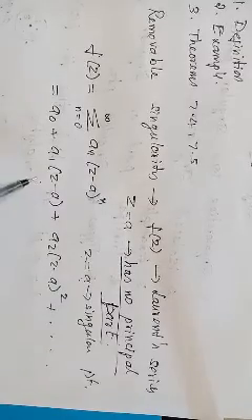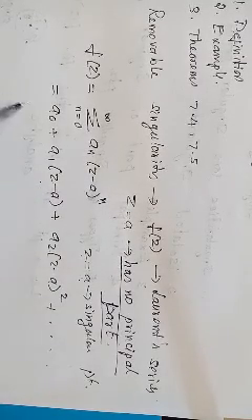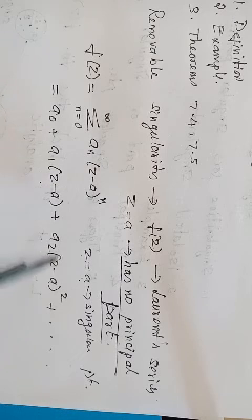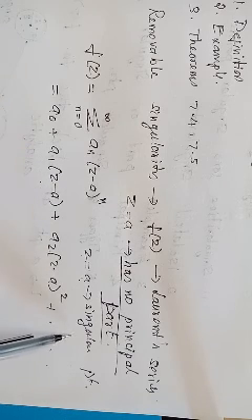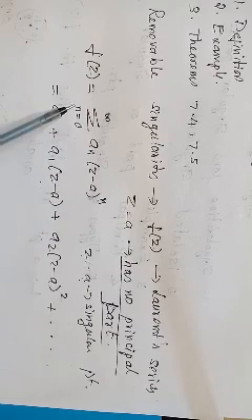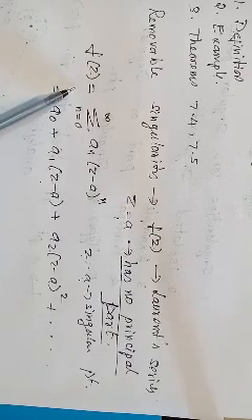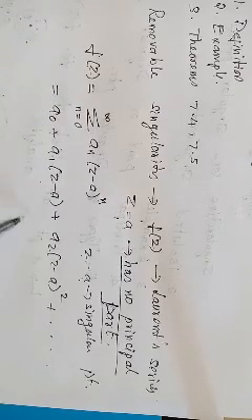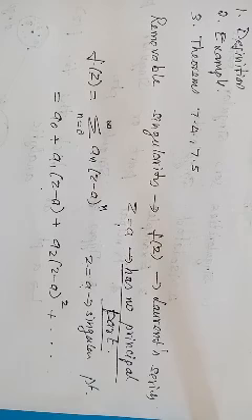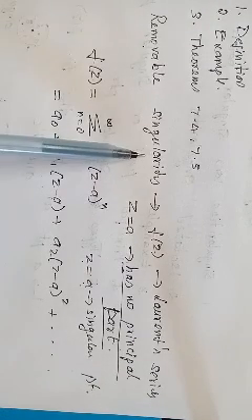Therefore, the property of singular point of z equal to a for f of z has been removed. Therefore, this particular point a is said to be the removable singularity, and the function becomes analytic at z equal to a. That's why we call a a removable singularity.